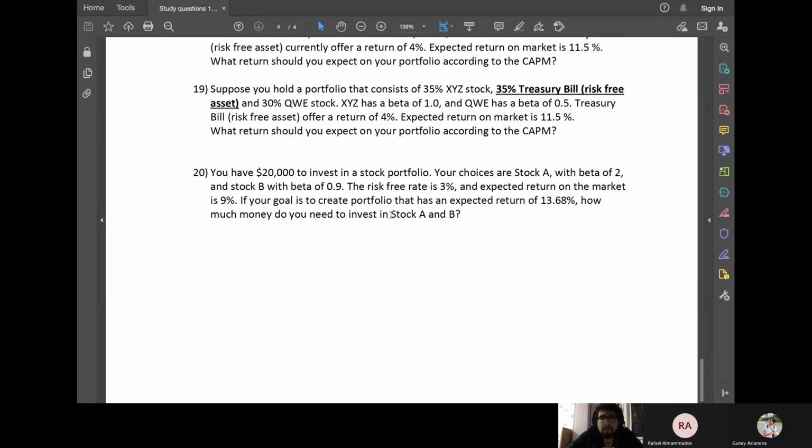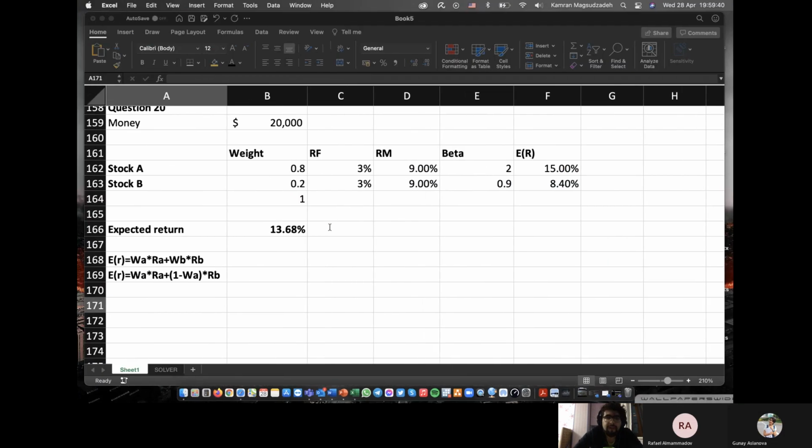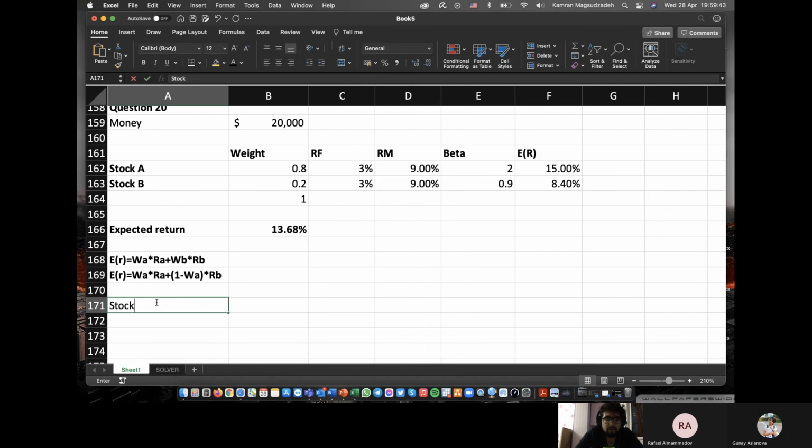What's the question? How much money do you need to invest in stock A and stock B? So stock A investment, and stock B investment.